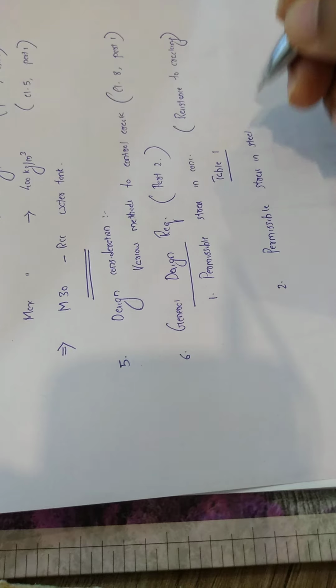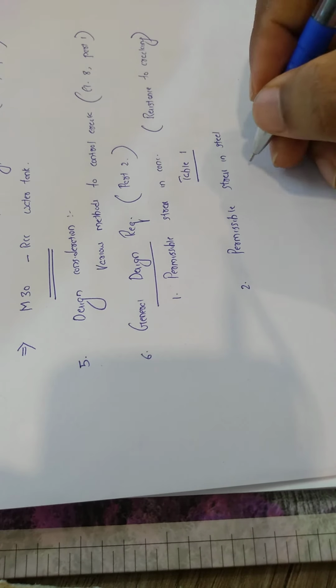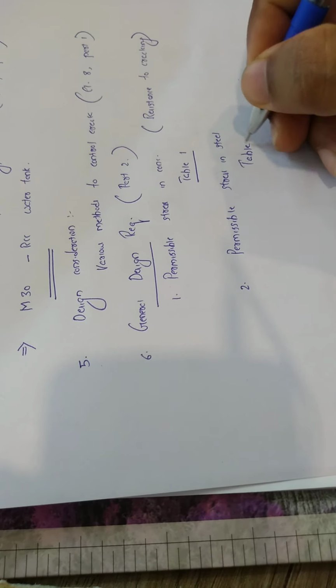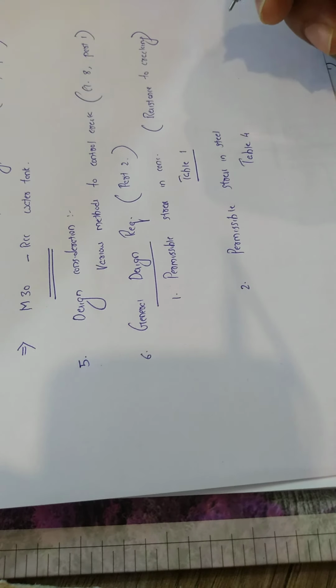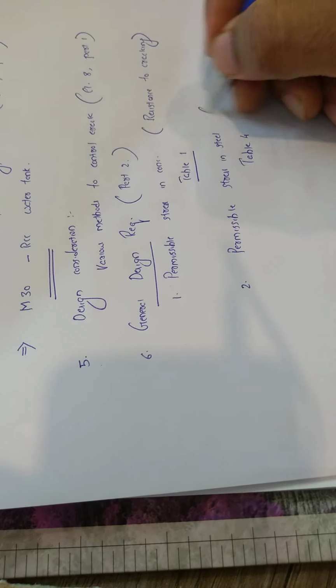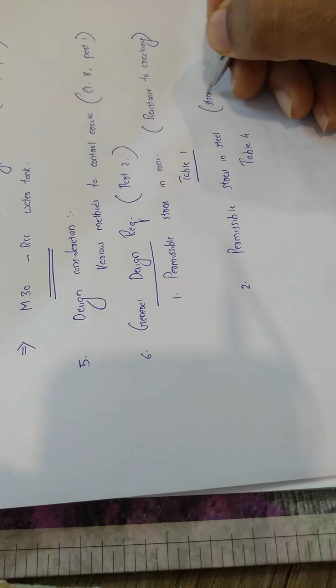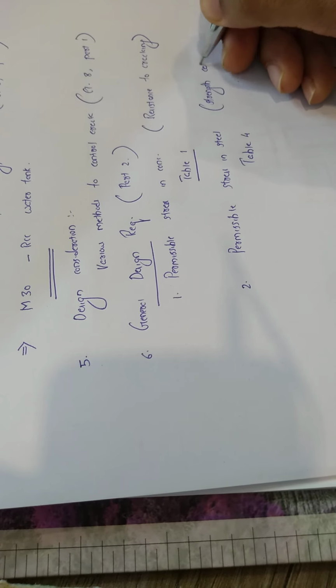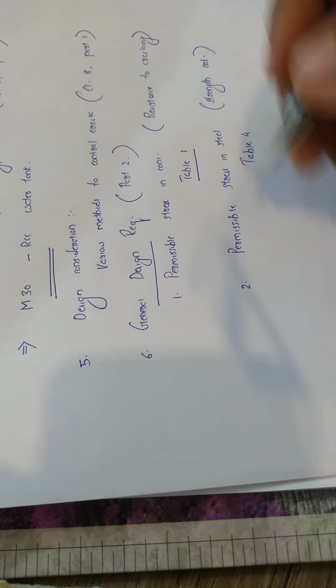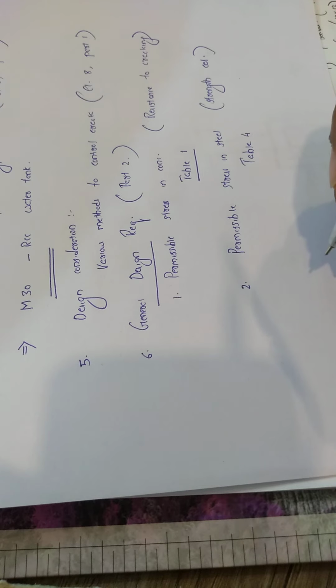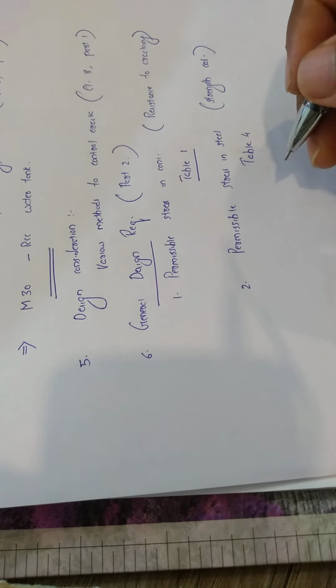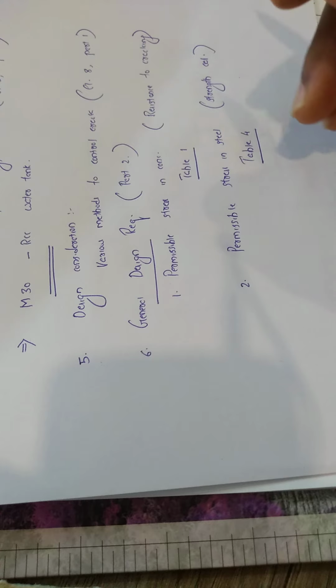This is given in table 4 of IS 3370 part 2 2009, and this is for the strength calculation. There we can get the different values of sigma st for mild steel and HYSD bars.